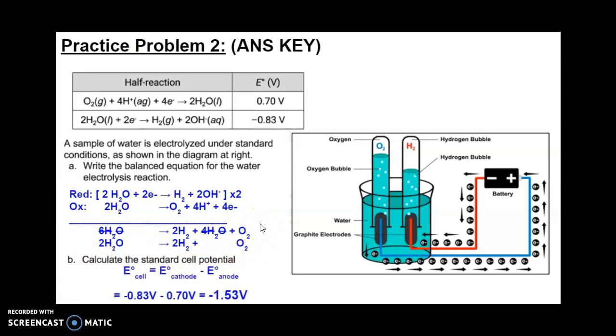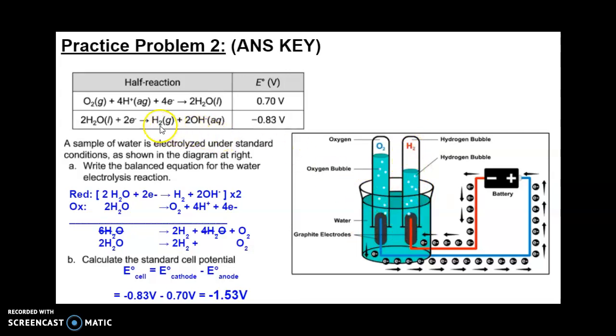Then we have to solve for the cell potential. Once we've identified what the cathode and the anode is, then the work is pretty much done for us. Remember, the cathode undergoes reduction, red cat. So the H2 as a product came from the reduction.